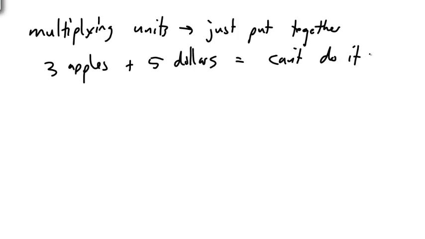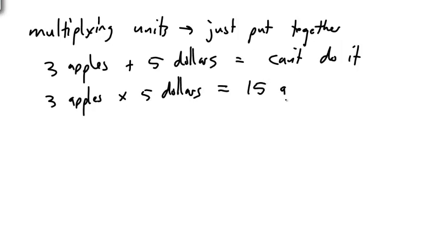You just leave it as 3 apples plus $5. But 3 apples times $5, and that would be kind of hard to figure out a real life situation where you'd be multiplying it. You just smash everything together. You've got a 3, you've got a 5, it's 15 apple dollars. I don't know how to multiply apples by dollars, but apples times dollars is apple dollars.